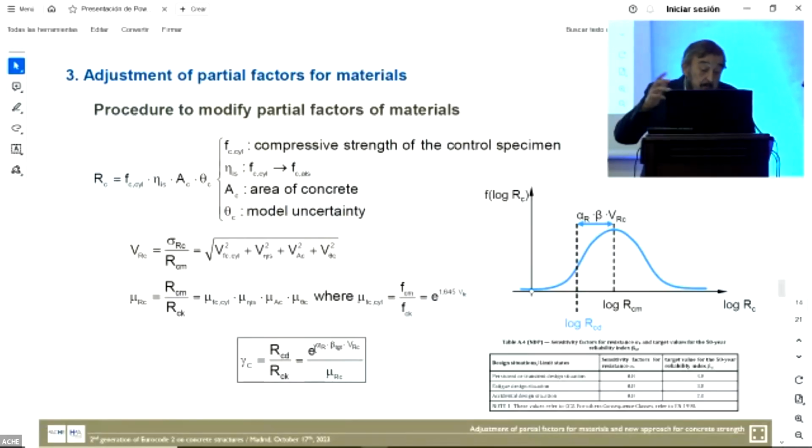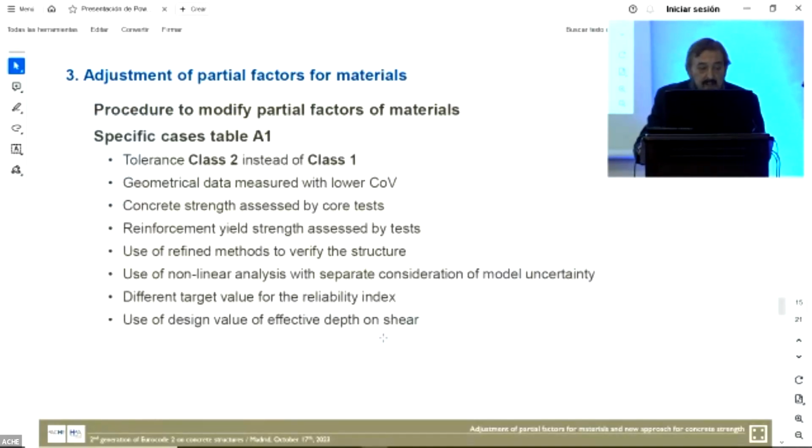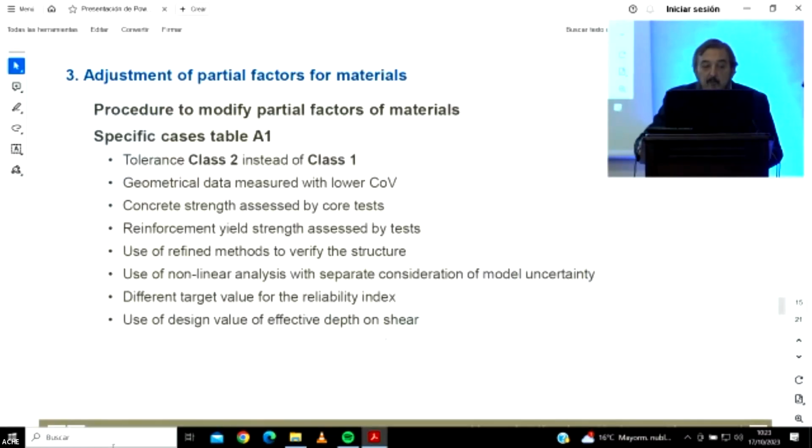And after, the coefficient of variation and the bias factor of the resistance. So with all these elements, if we change some of them, because we have data of tests or something like that, we may recalculate this coefficient. In fact, Annex A has several typical cases for modifying this coefficient.